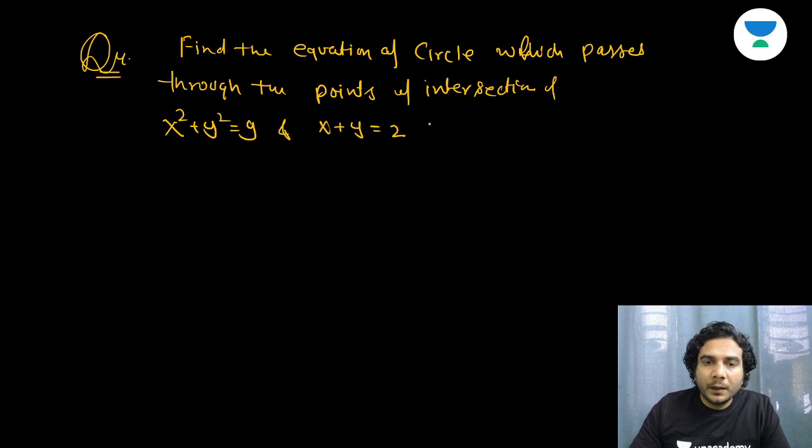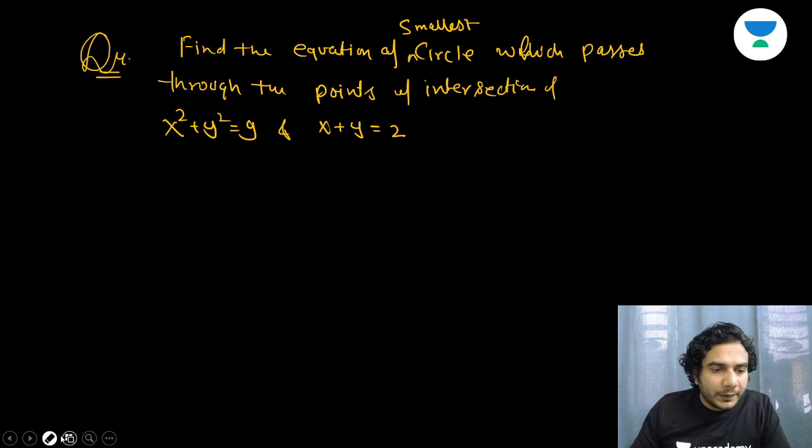All right, and again, let me add the word here. Find the equation of smallest circle. Okay, so these two given circle and a line are basically intersecting.